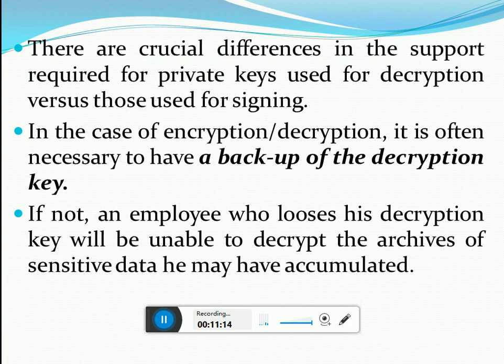There are crucial differences in the support required for private keys used for decryption compared to those used for signing. In the case of encryption and decryption, it is often necessary to have a backup of decryption keys. If not, an employee who loses his decryption key will be unable to decrypt the archive of sensitive data he may have accumulated.